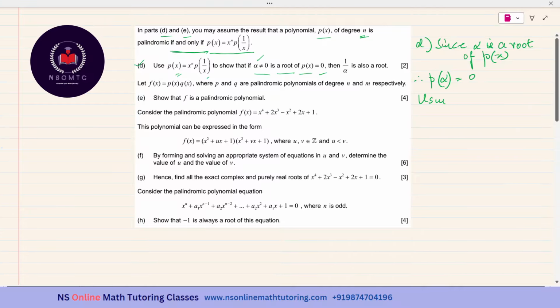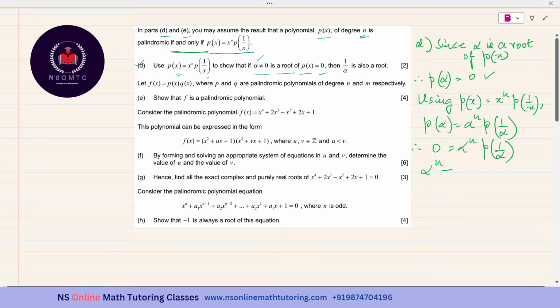Using p of x equal to x to the power of n times p of 1 over x, p of alpha will be equal to, in place of x, I am writing alpha, alpha to the power of n times p of 1 over alpha. And p of alpha is equal to 0. So therefore 0 equal to alpha to the power of n times p of 1 over alpha.